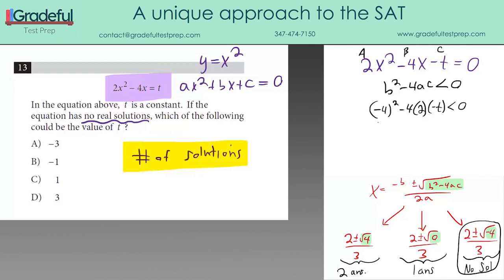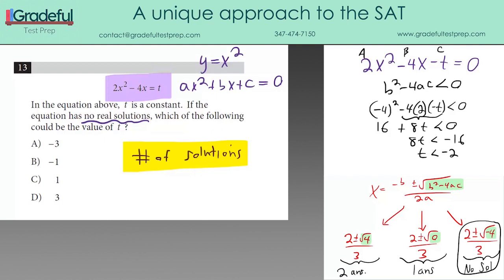Simplifying, negative 4 squared is 16. Negative 4 times 2 times negative t is 8t, and that's less than 0. Taking away 16 from both sides, we'll get 8t is less than negative 16. And dividing both sides by 8, we'd have t is less than negative 2.